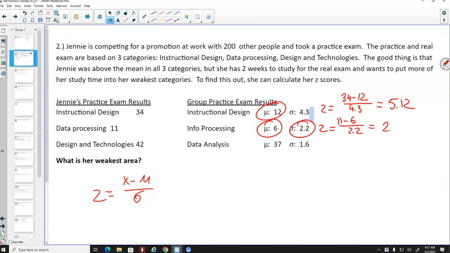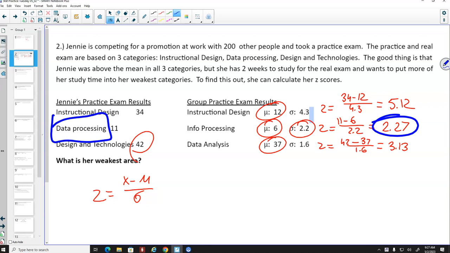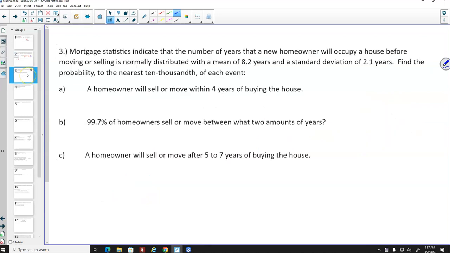That should give you 2.27. And the last one, z-score for design and technologies, is 42 minus our mean. So we're choosing this number, which is our x value, minus 37 divided by 1.6. That's going to give us 3.13. So looking at all these z-scores, the category you should concentrate on is data processing. That's the lowest z-score. Right.